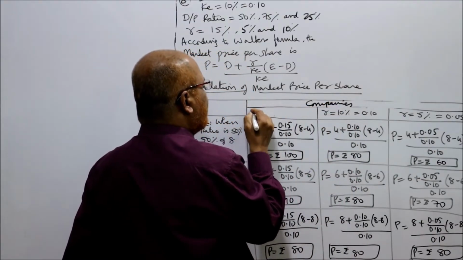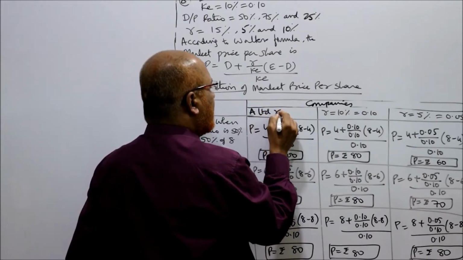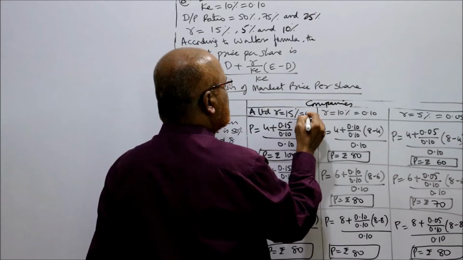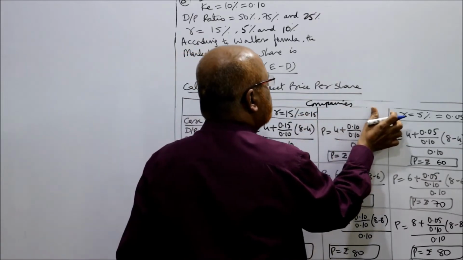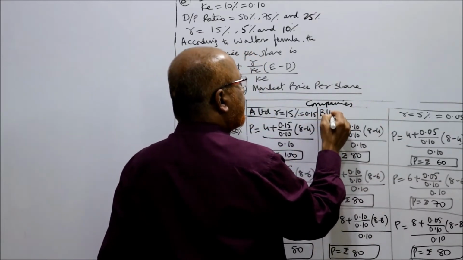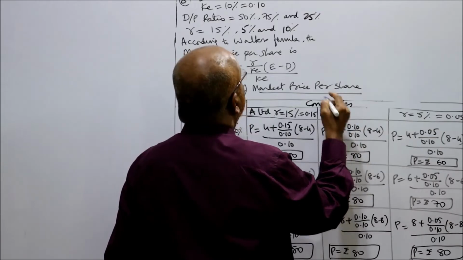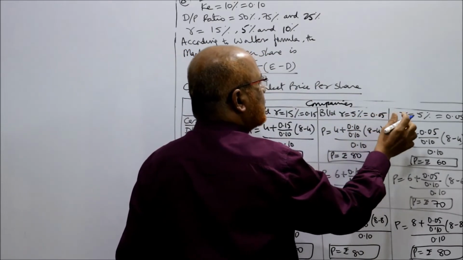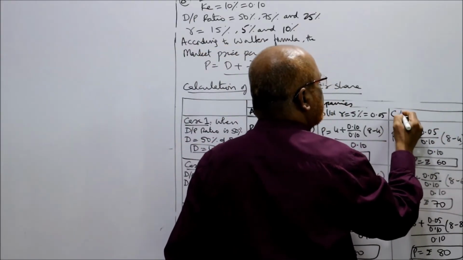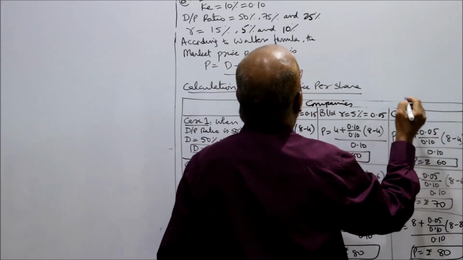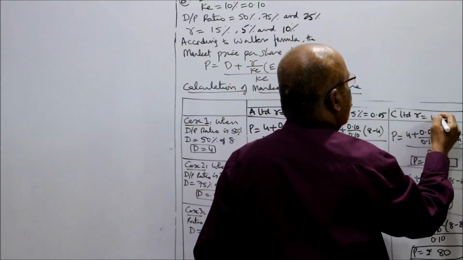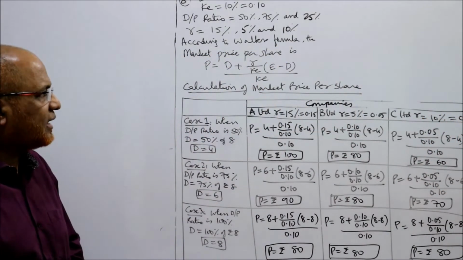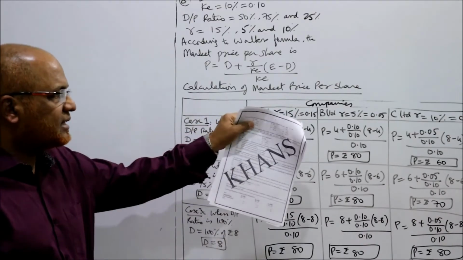3 companies are there. First A Limited. R is equal to 15%. 0.15. This is B Limited. R is equal to 5%. 0.05. This is C Limited. R is equal to 10%. 0.10. So in the columns I have taken the companies A Limited, B Limited, C Limited.